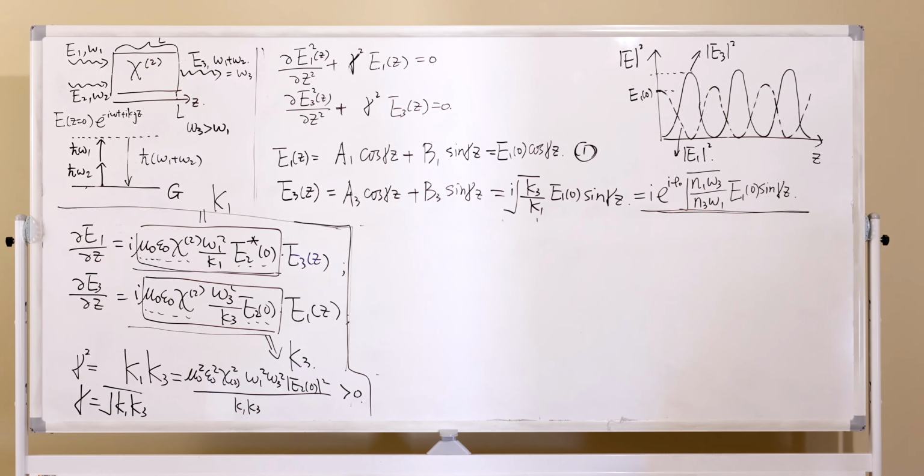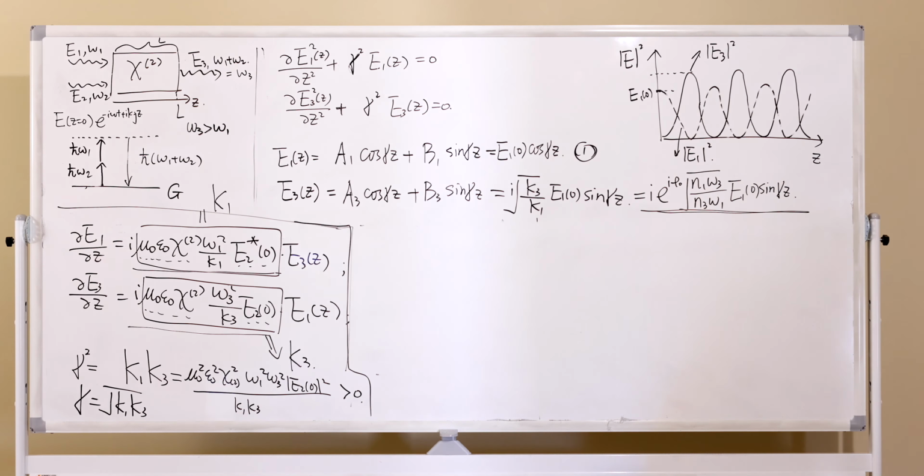You only have one input frequency, and the output is always twice the frequency of the input. In sum frequency generation, it has the flexibility to tune the output frequency. If your input is always omega 1, then you can change omega 2 to tune it.